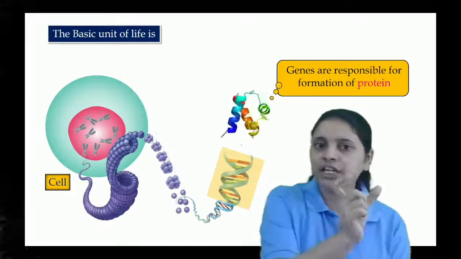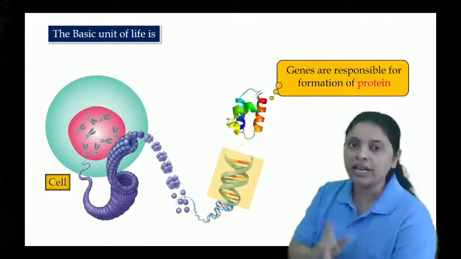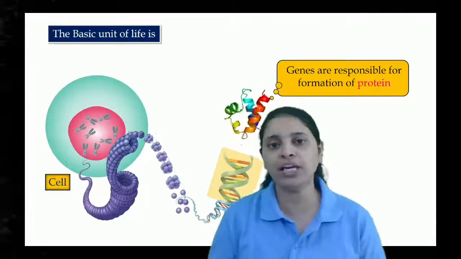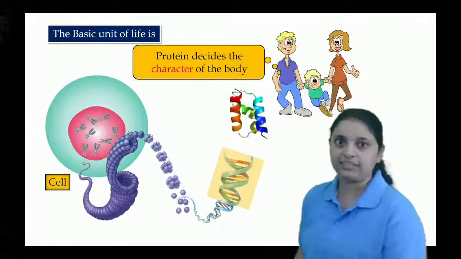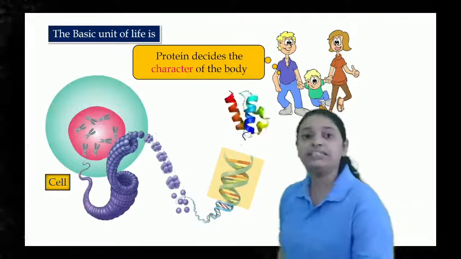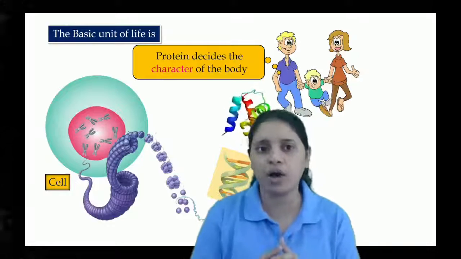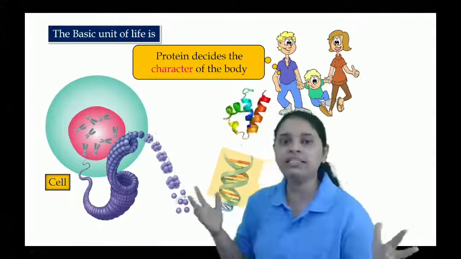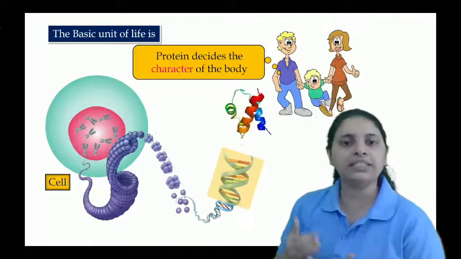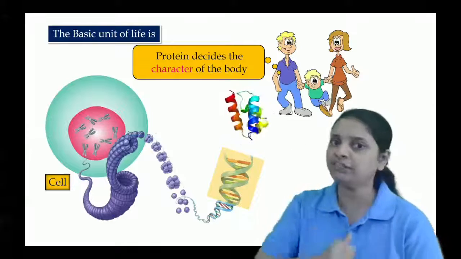So every gene will be responsible for production of a particular protein, and these proteins will give us specific characteristics. See here, proteins basically decide the character of the body. हमारा skin color क्या होगा, हमारा eye color क्या होगा, हमारी height क्या होगी, right? All these characteristics are basically decided by the specific genes which are present.